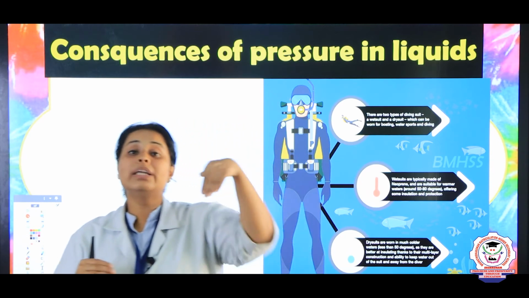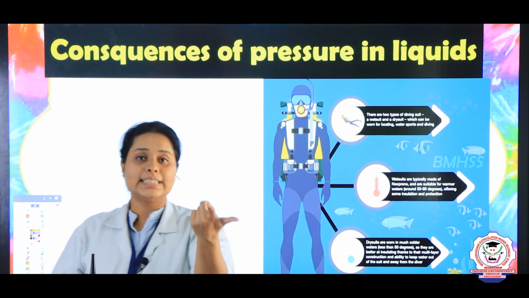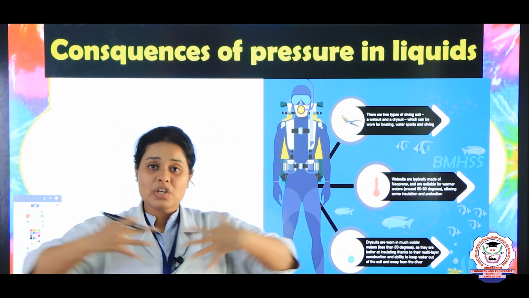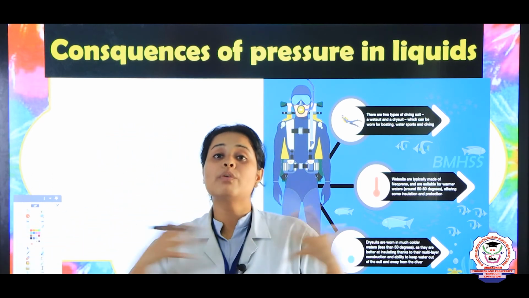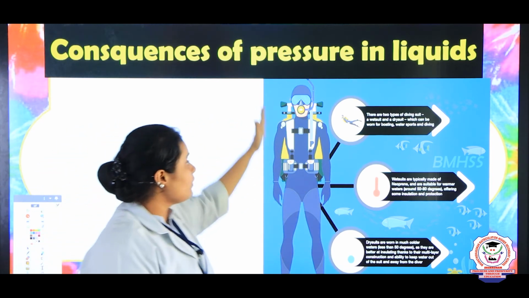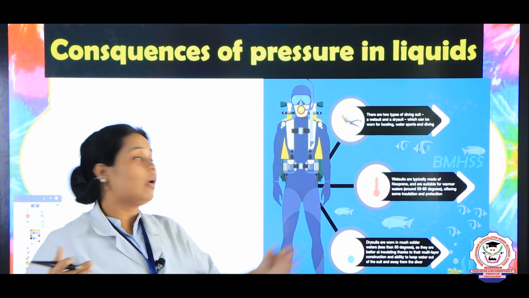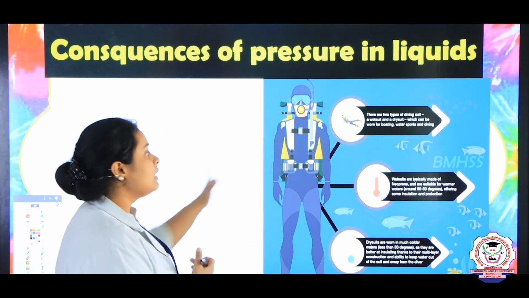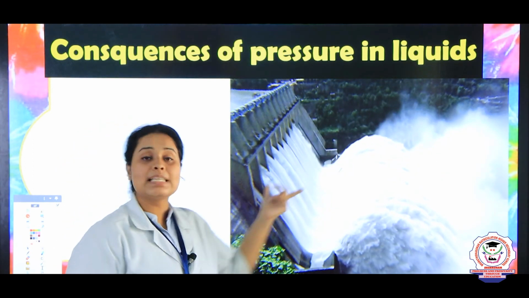But when you are going deep inside the sea, the pressure increases. When the pressure increases, it will pressurize over our body. We can also die of high pressure. So that is why we are wearing a swimsuit, or this is known as a specially designed swimsuit for the divers.